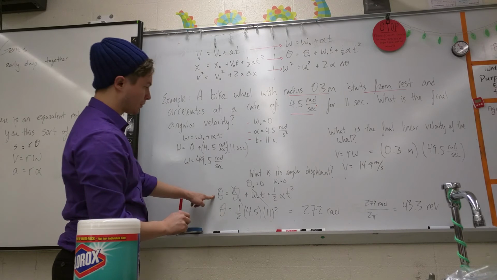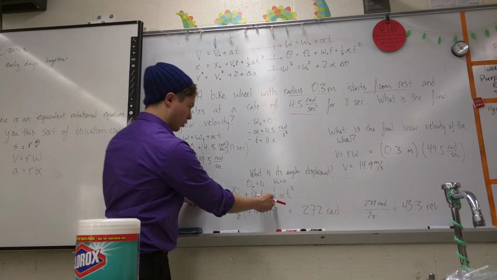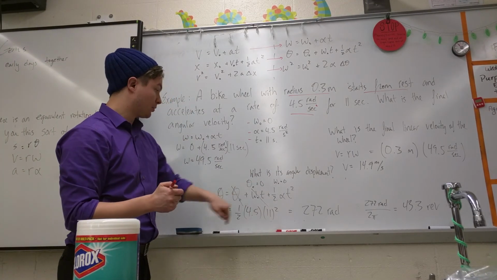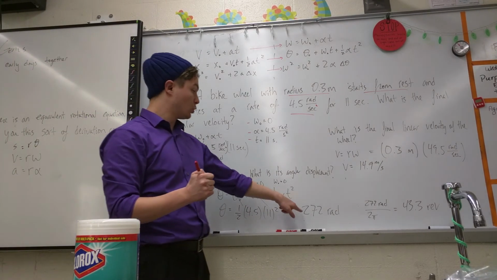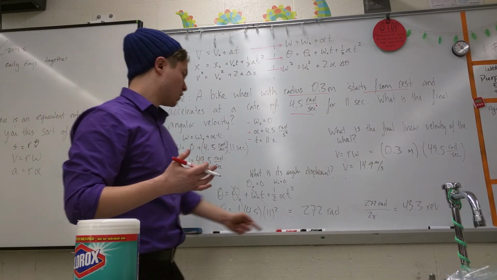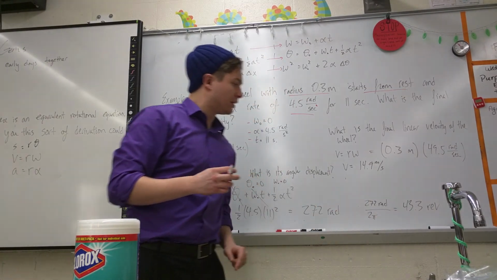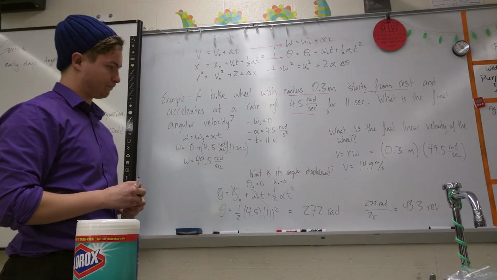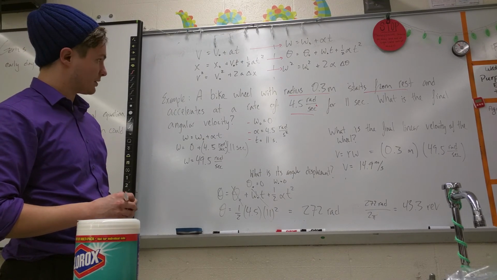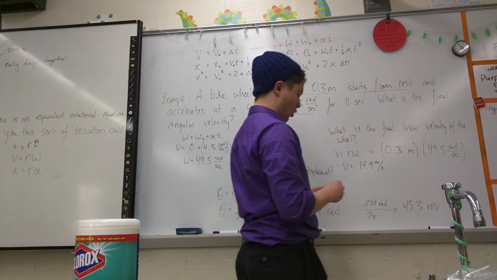I can cancel these two terms out because they're 0, and I'm left with 1/2 times angular acceleration times time squared, both of which I have, so I get 272 radians. It's hard for us to make sense of what that is, so I divided by 2 pi in order to get something in revolutions. So for the 11 seconds that this wheel is accelerated, it covers 43.3 revolutions.